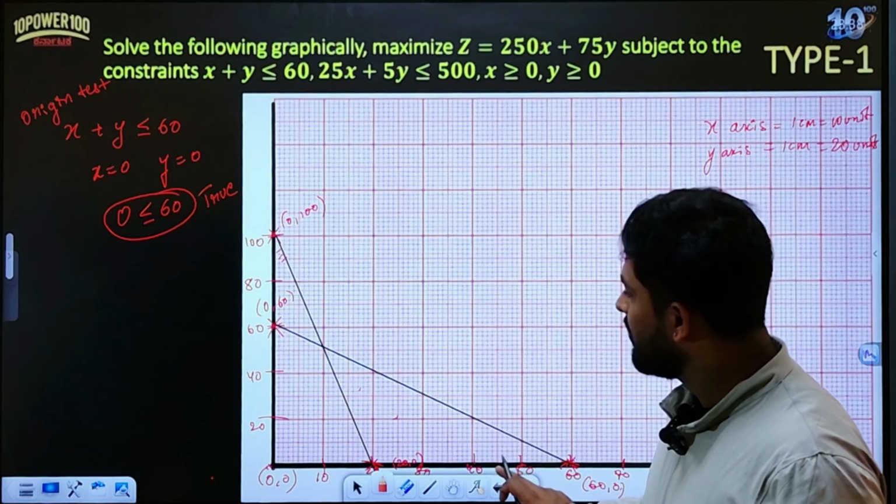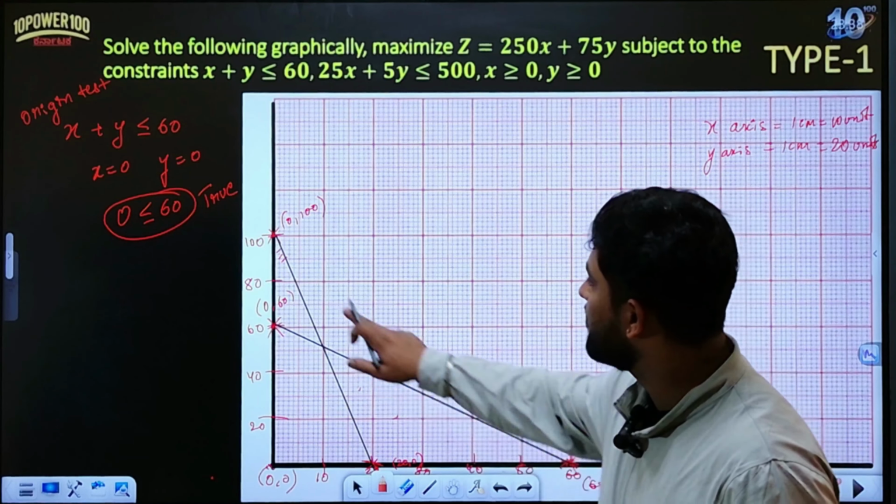I marked it for the wrong line, so I'll change it to this line. Now this is the line, correct? For this, this is actually the region.